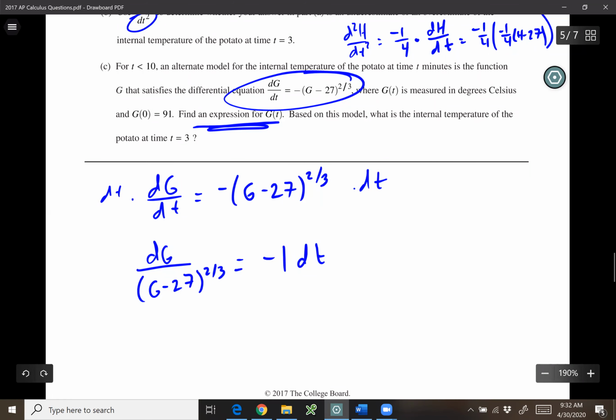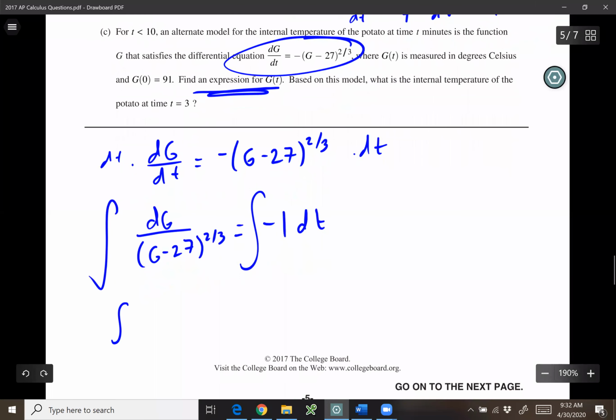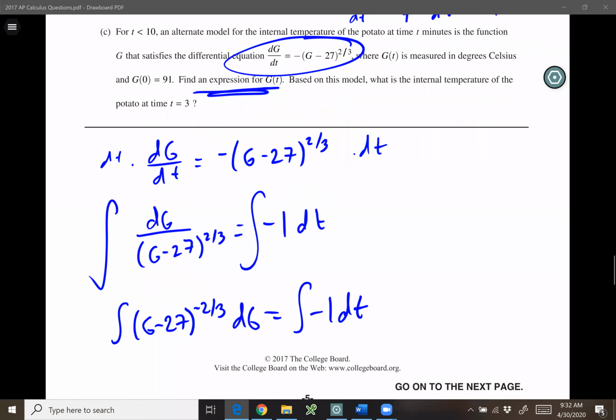Now we can just take the integral of both sides, and this is like having the integral of (g minus 27) to the -2/3 power dg equals -1 dt. The right side integral is very easy. The left side integral is actually pretty easy also, right?